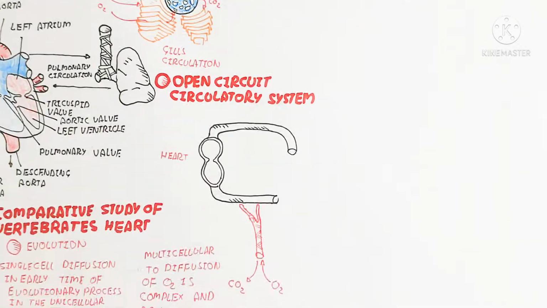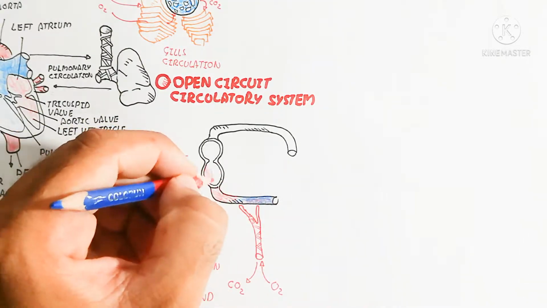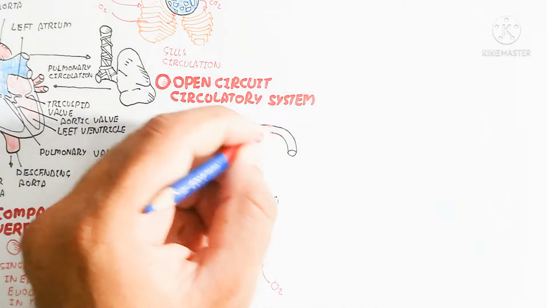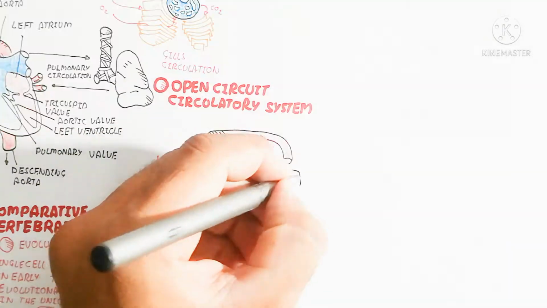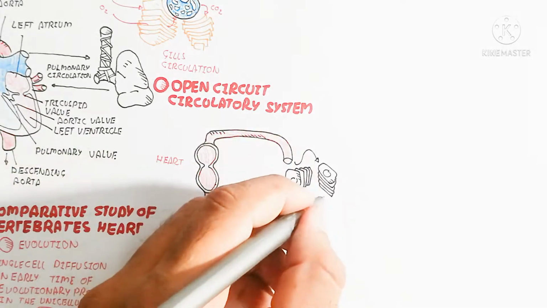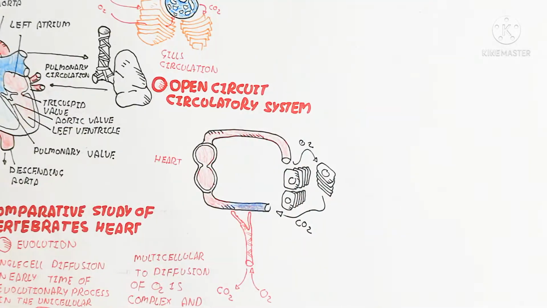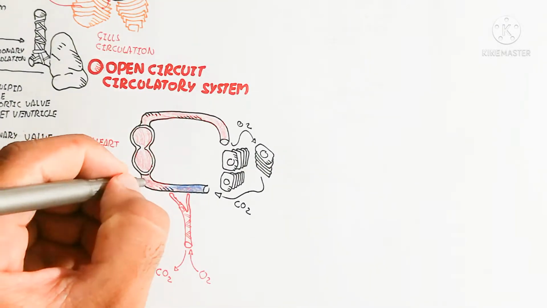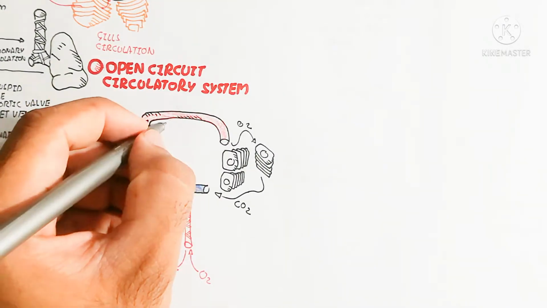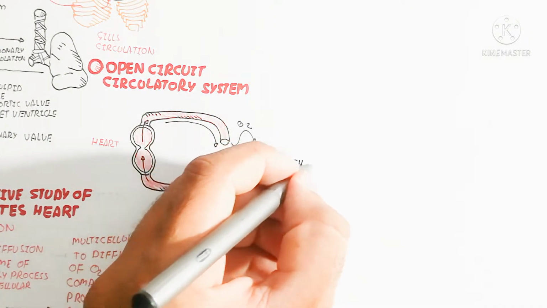On the other hand, the open circulatory system uses a trachea-like structure, used for air movement, with oxygen and carbon dioxide exchange on the basis of partial pressure changes. After the change in partial pressure, the carbon dioxide moves outside when the partial pressure is high.